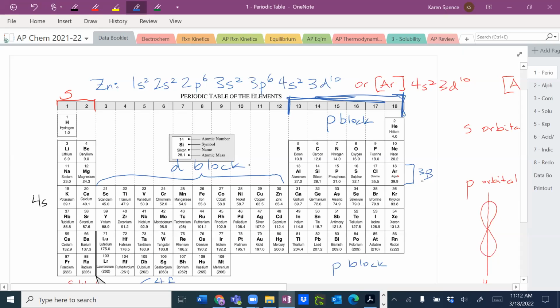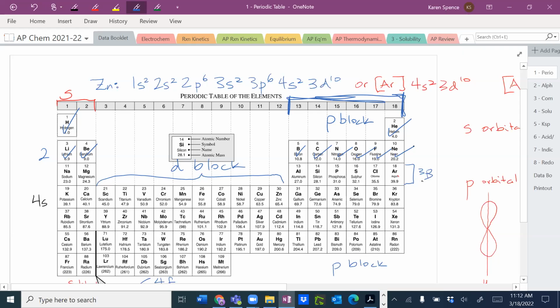So if we have something that is 1s2, that means we have filled up 1s1, 1s2, and then we're starting on level 2. So we have 2s1, 2s2, and then 2p1, 2p2, 2p3, 2p4, 2p5, 2p6.